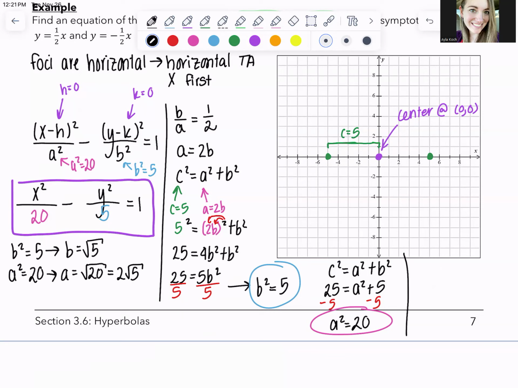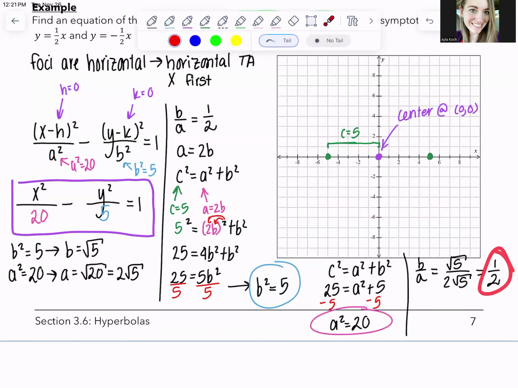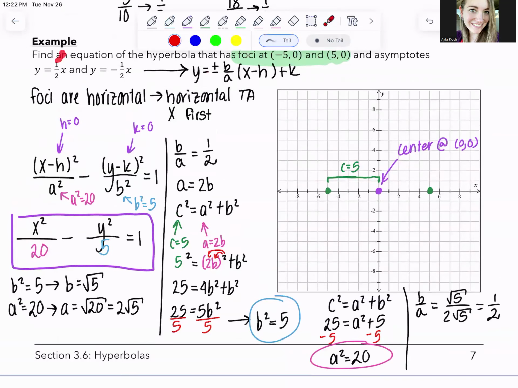So if we do b divided by a, b is square root 5, a is 2 square root 5. Those square root 5s will cancel, and it does indeed reduce down to 1 half. So it doesn't have to be that b was 1 and a was 2. It turns out a is square root 20 and b is square root 5, but if you divide the two, you still get that ratio of 1 half.